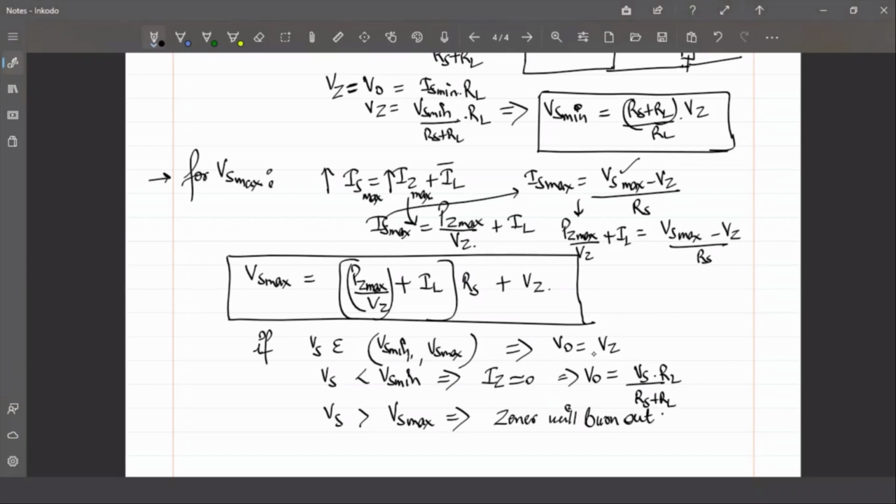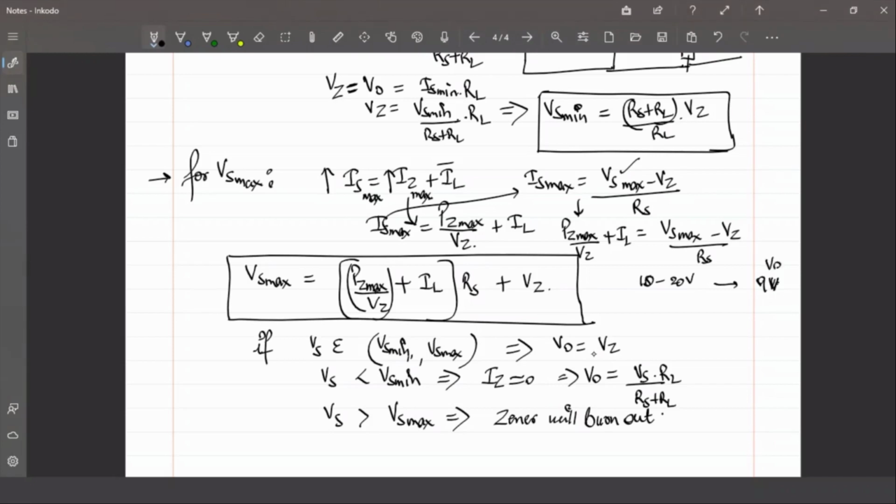In common terms, if I say that my input voltage is in the range of 15 volt to 20 volt, or let's say it is in the range of 10 to 20 volts, still my output voltage may remain at 9 volts. Let's say this is 9 volt.